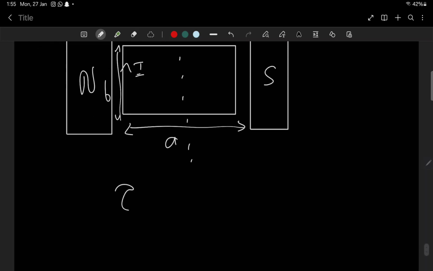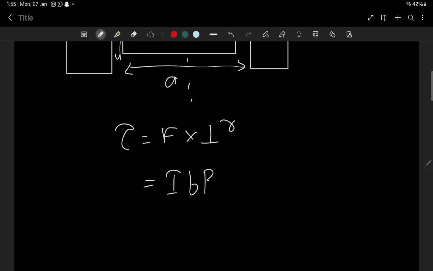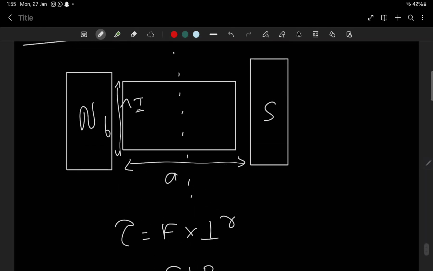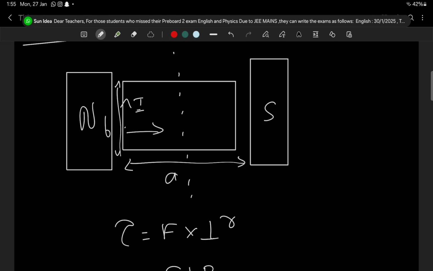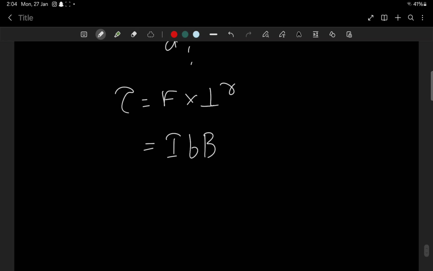So tau equals force into perpendicular distance. What is force? Force is IBB. Rotation is about this axis, and the force is outside the plane. So force is IBL, and the perpendicular distance is A. So that will be IB into BA.